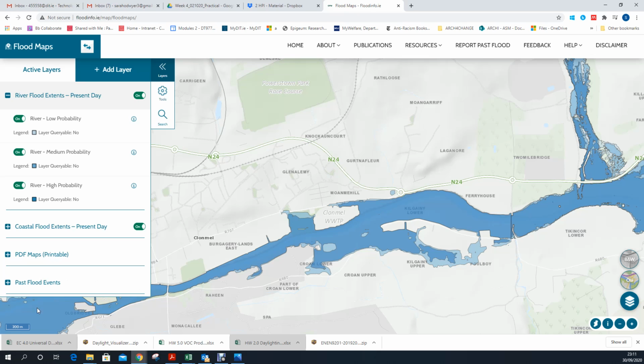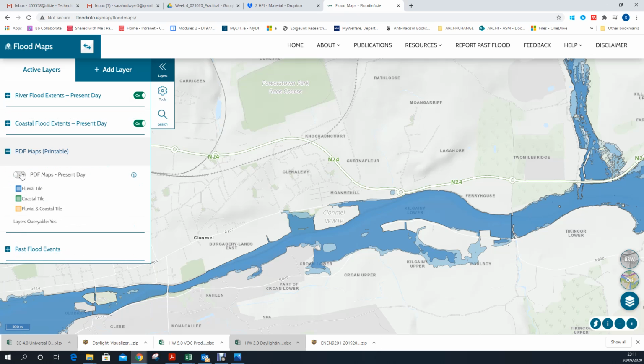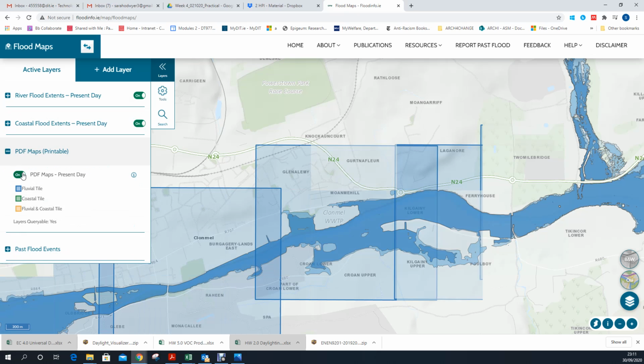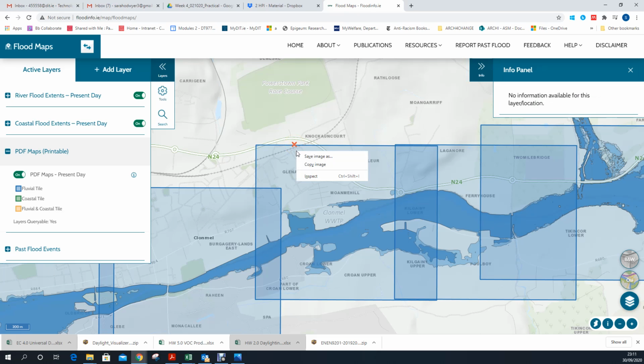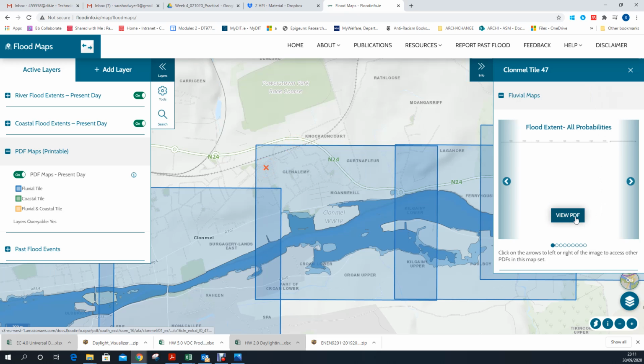Oh, it's this one right here. Ever look at some of these and think that's not very intuitive? I think it's not save image. You can view the PDF and then download it, but you need to select the area, and then that's downloadable with all of the information.